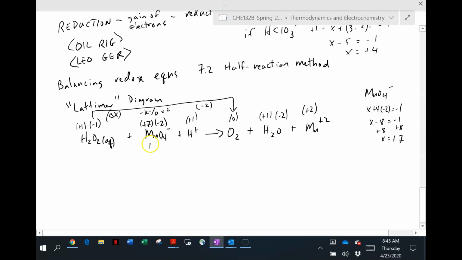Pretty obvious that manganese at plus 7 is going to manganese at plus 2. That's a reduction, and that reduction is how many electrons? A number line is a useful thing to think about here. So if I say plus 7, plus 6, plus 5, plus 4, plus 3, plus 2, plus 1, this is 0, negative 1, negative 2, right?